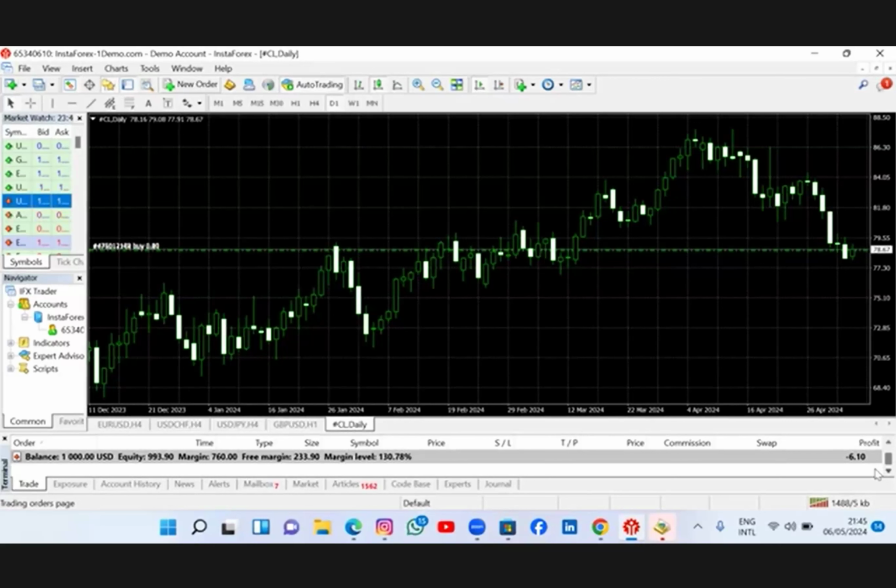This margin is powered by leverage. The higher the leverage you choose, the more opportunity you have to open more positions. That's what leverage means here. When you are opening an account, there's leverage you choose.